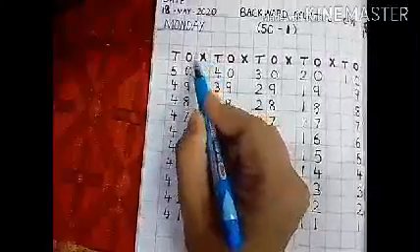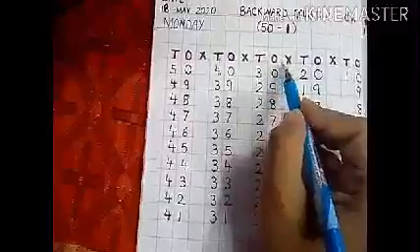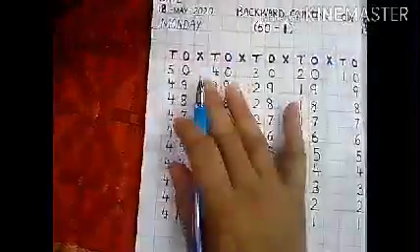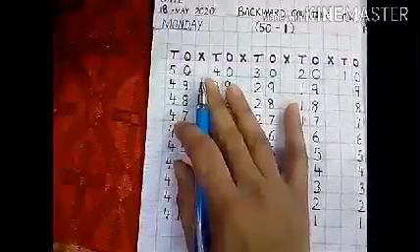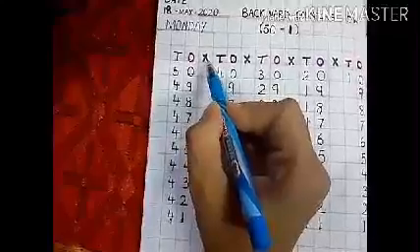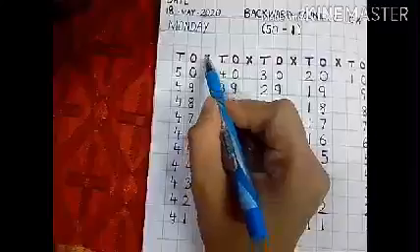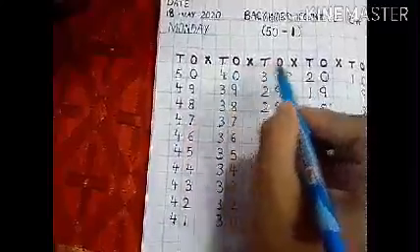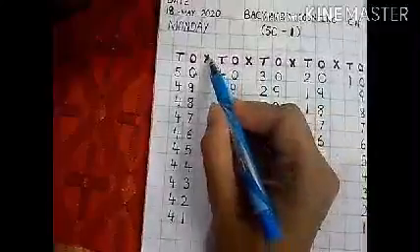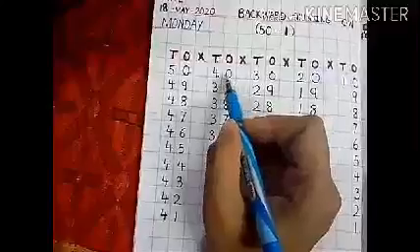Then again leave one box, and again, similarly one box leave. Where we leave, the next column is blank and we put a cross sign in this column. Slowly, you have to put the cross sign where you leave the next column blank.